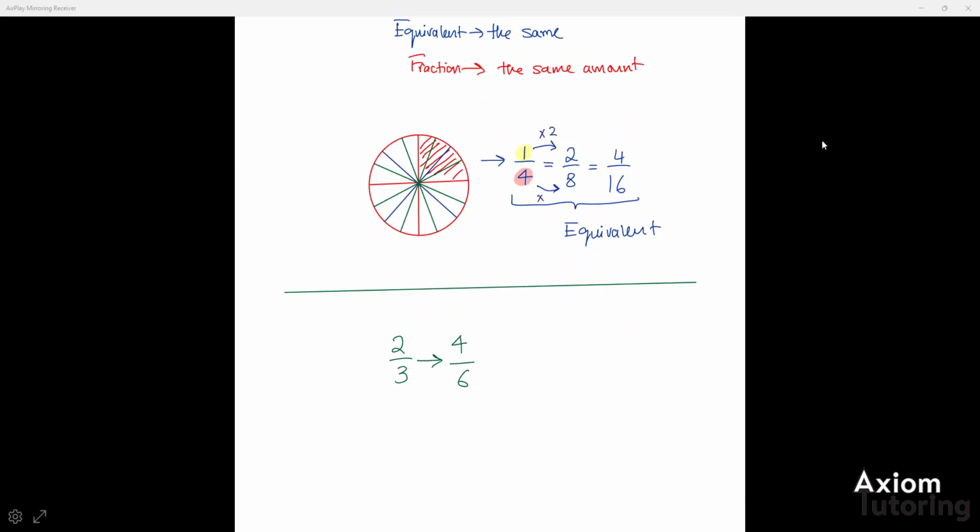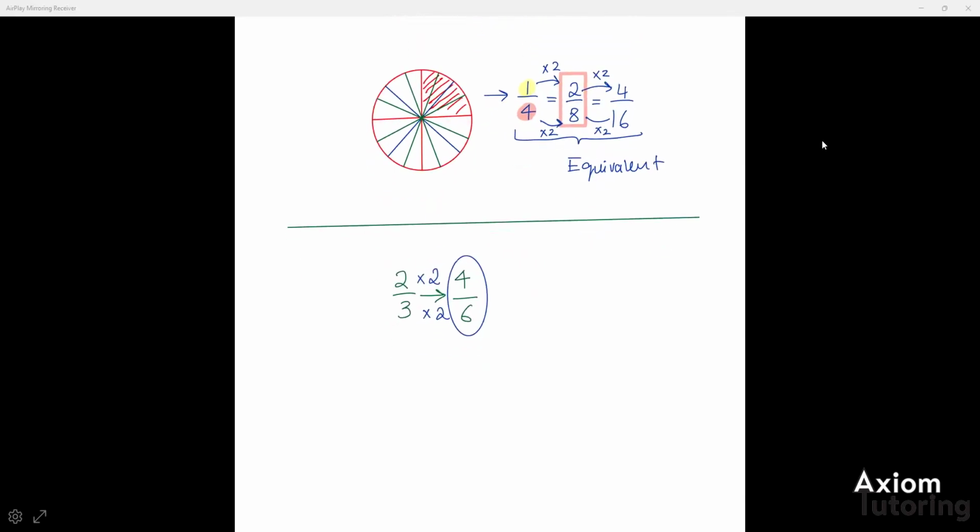In the pizza example, we did times 2 to the numerator and the denominator, and that gave us an equivalent fraction of 2/8. Then, with that fraction, we multiplied by 2 again and got 4 out of 16. So with the fraction 2/3, you can multiply the top by 2 and the bottom by 2, and the fraction that you get as a result will be an equivalent fraction.